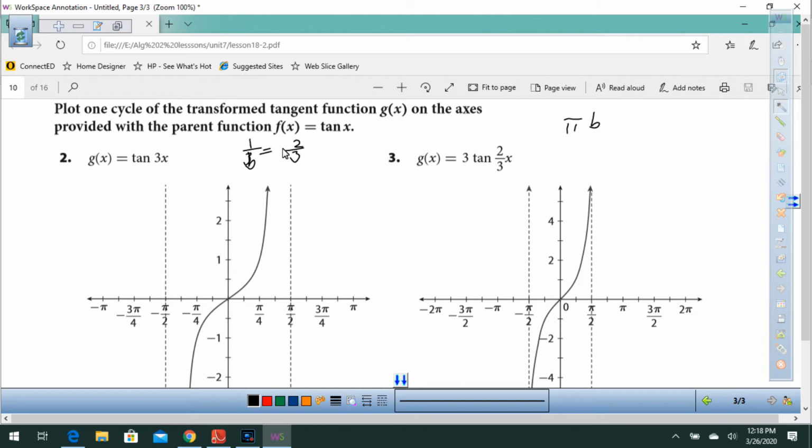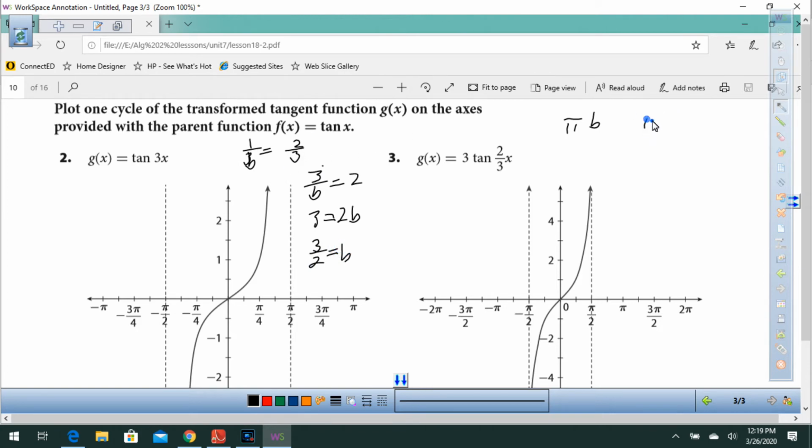So multiply both sides. You got 3 over b equals 2. Multiply both sides by b. You got 3 equals 2b. Divide both sides by 2. You got 3/2 equals b. So basically, you're just going to flip those.